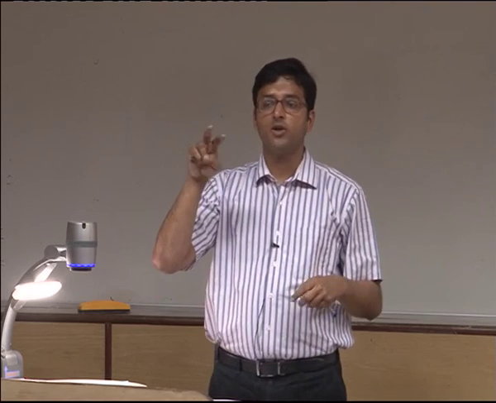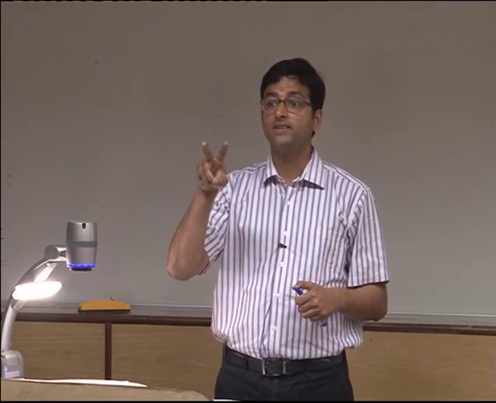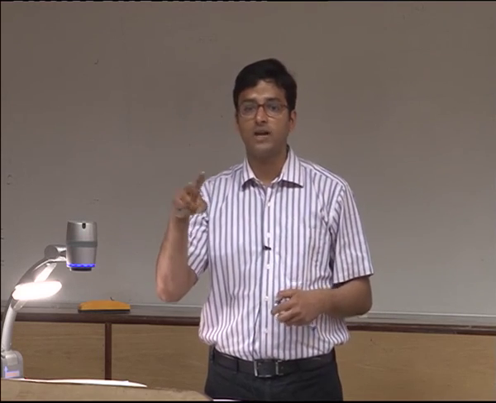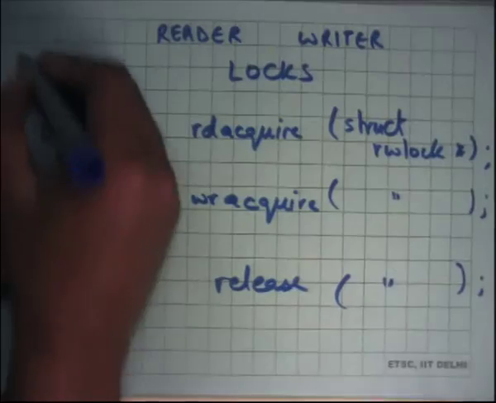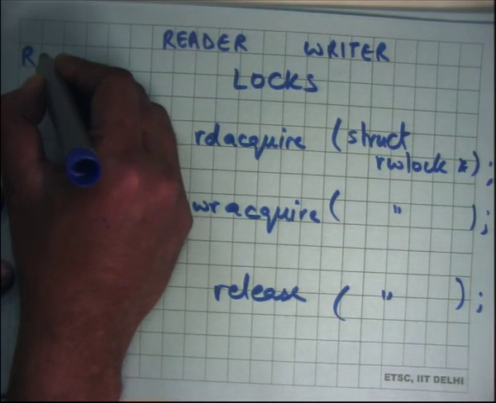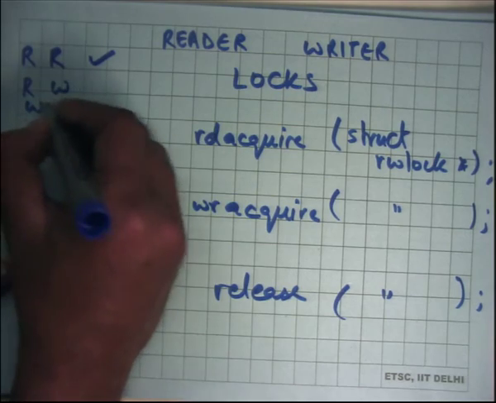But it's not possible to have a lock being acquired by 2 threads in write mode. It's also not possible for a lock being acquired in a write mode and a read mode simultaneously, right. So in other words, read and read is allowed, but read and write or write and write is not allowed.